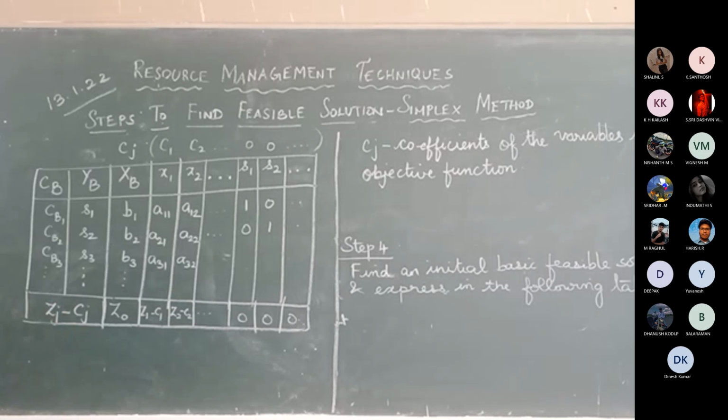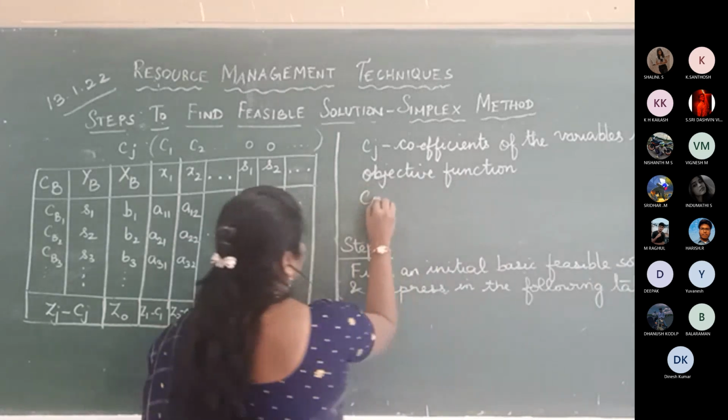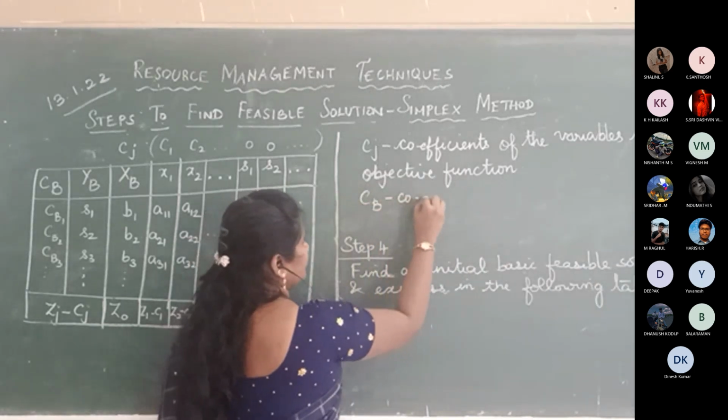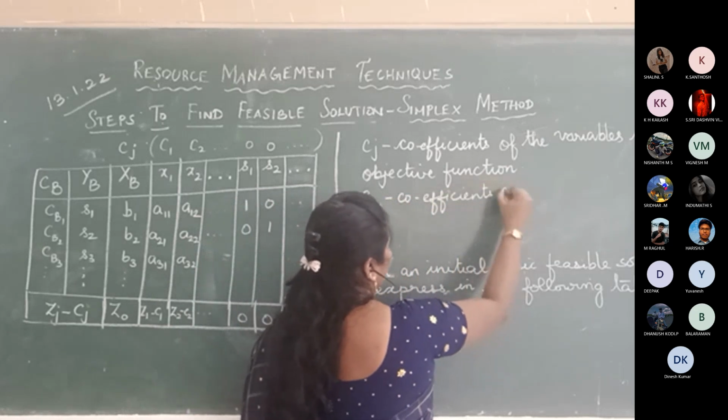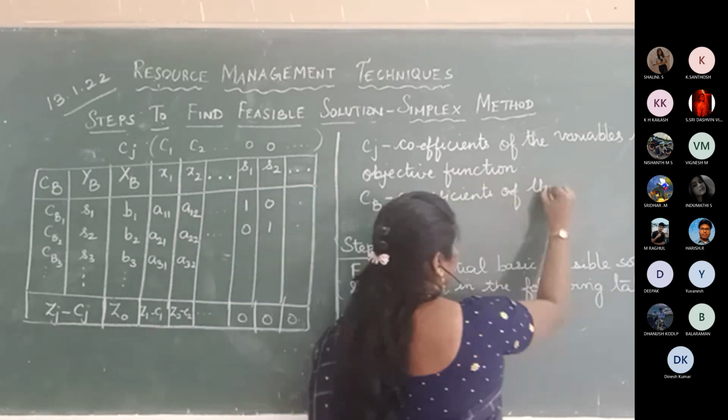Next will be your Cb. Cb will be the coefficient of the basic variables in the objective function.